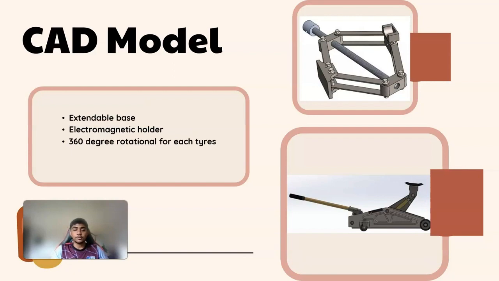So the improvement we made is to use a 360-degree rotational wheel for each tire, so our car jack has 4 wheels that are all performing 360-degree rotation. That's all from me. Thank you.